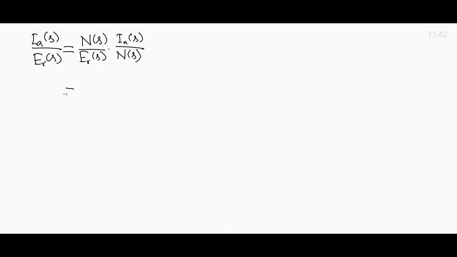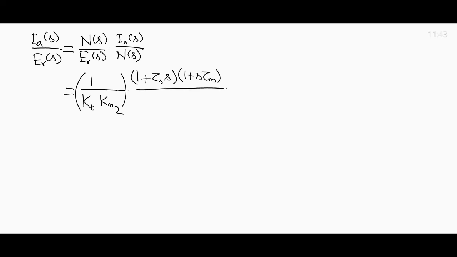So this is 1 divided by Kt into Km2 into 1 plus tau S S into 1 plus S tau m divided by 1 plus tau S S plus tau S tau 2 square. This is the transfer function current to speed. This is equation number 7.